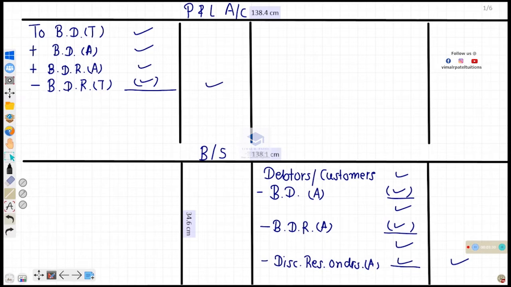Now, in case the amount is negative, if you are adding bad debt reserve and then subtracting bad debt reserve, then the amount comes negative, then you should transfer it on the credit side as bad debt reserve.